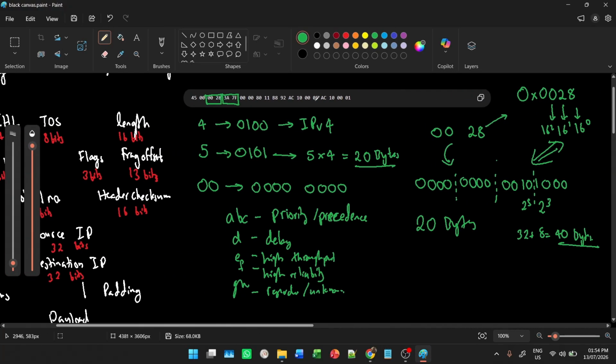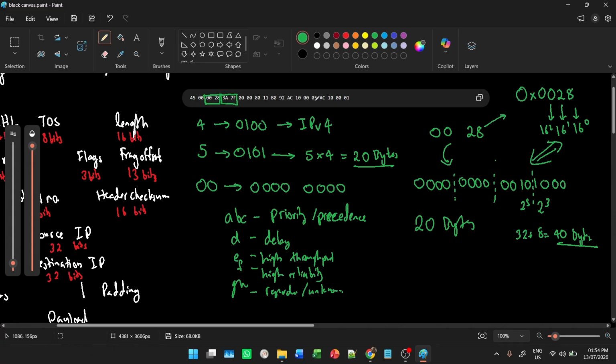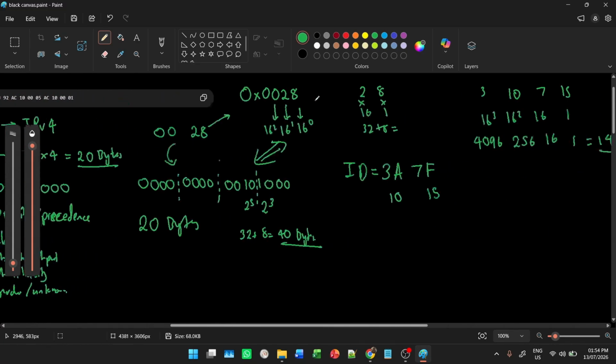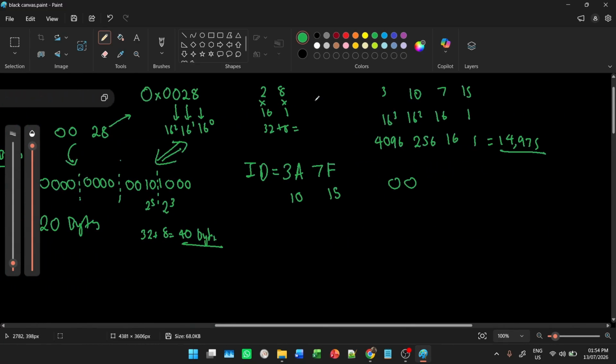So now we have 0000. It's best we write this down in binary. Right now there is not much of a use here, but as you already saw, we have reserved 3 bits for flags and the rest for the fragment offset.